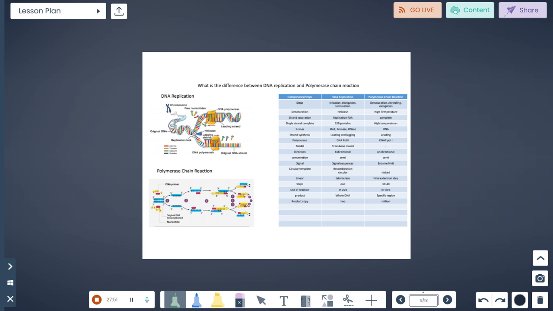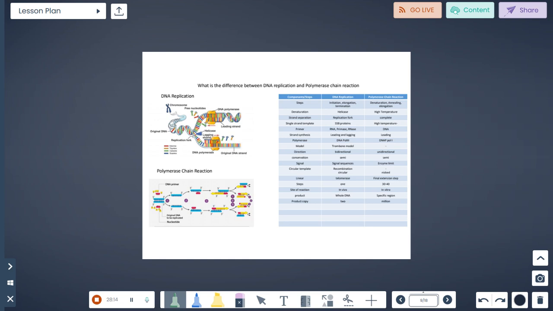But in a PCR reaction, you are using denaturation, annealing, and elongation. Denaturation is done by high temperature, whereas in the case of the replication fork, even if the denaturation is happening, it is not completely becoming single stranded DNA. Somewhere it will still be base paired.